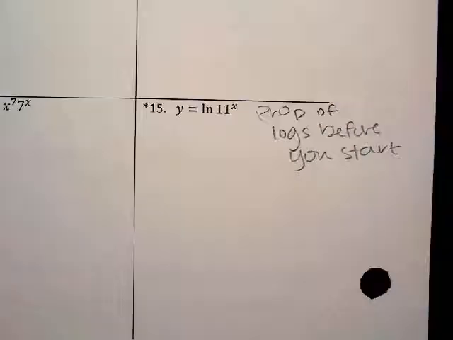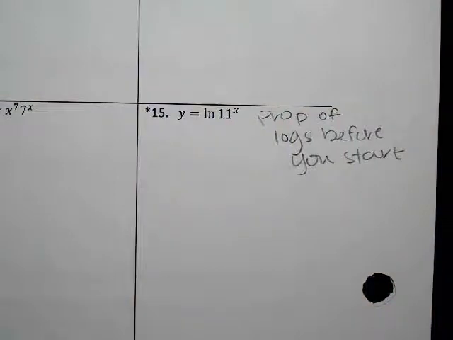Honestly, if you used it after, I think you could still get the same answer, but the process is easier if you use properties of logs before you get started. So that means there's log x, log ln 11, and then what should you do with the exponent? Move it to the front. So it's x ln 11. X times ln 11. Yep.